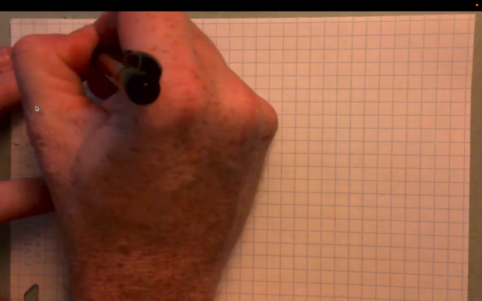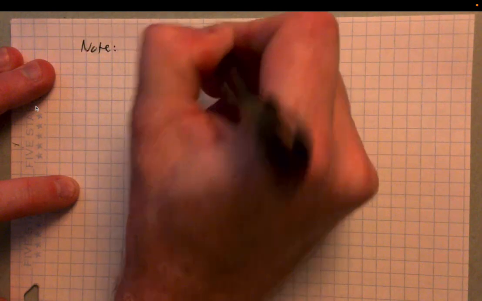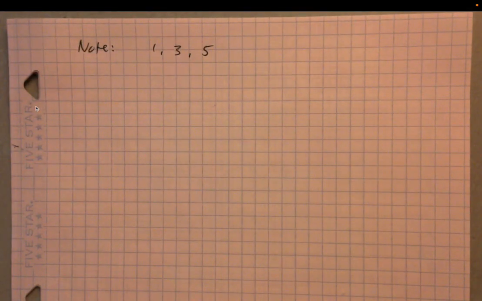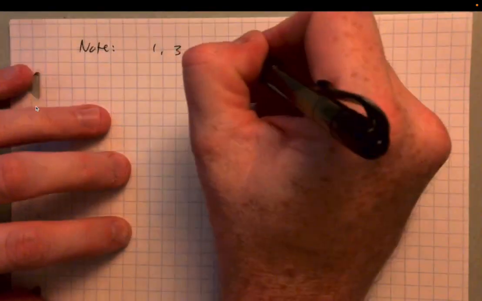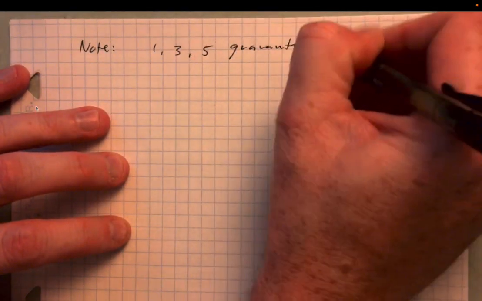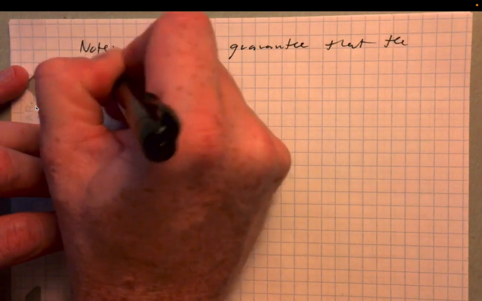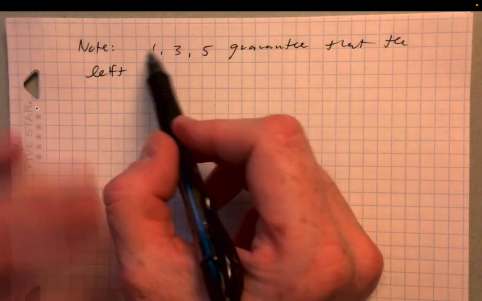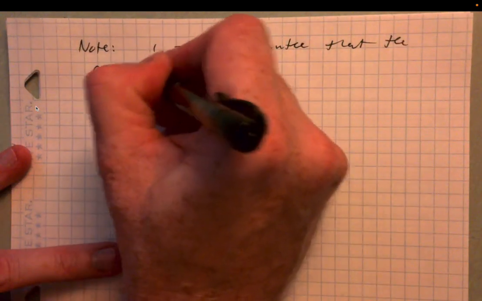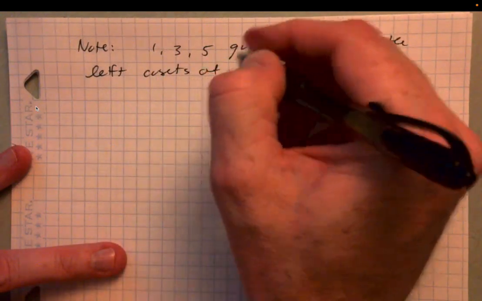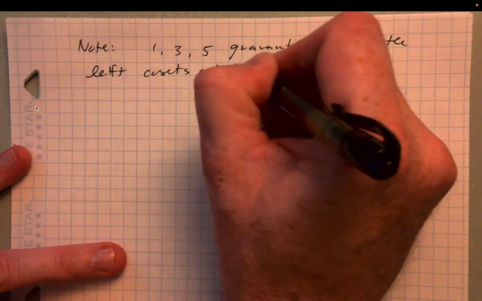Okay. So let's notice a few more items here with cosets. Items 1, 3, and 5 all guarantee that the left cosets of a subgroup H of G partition G. We'll say left cosets, but it's also true of right cosets.